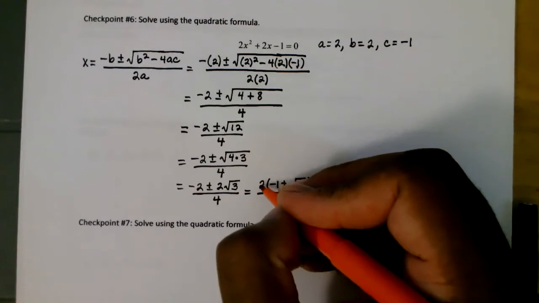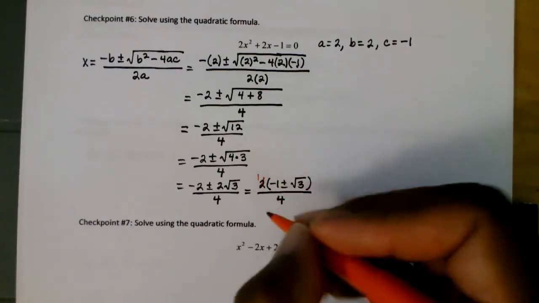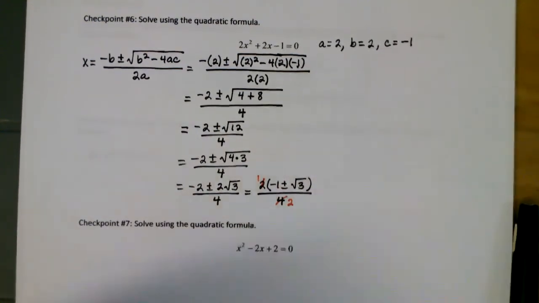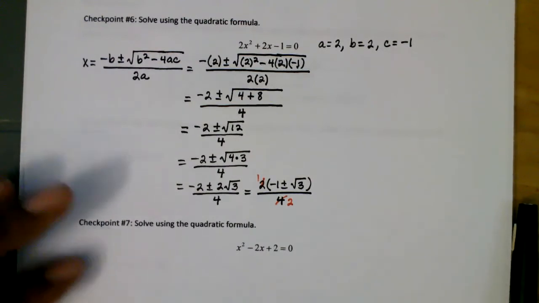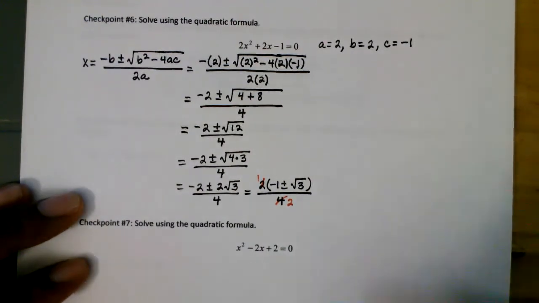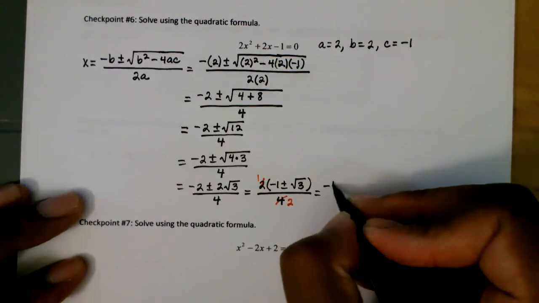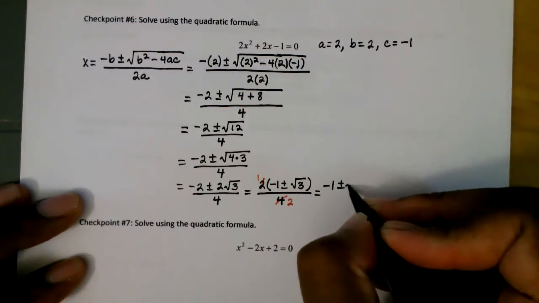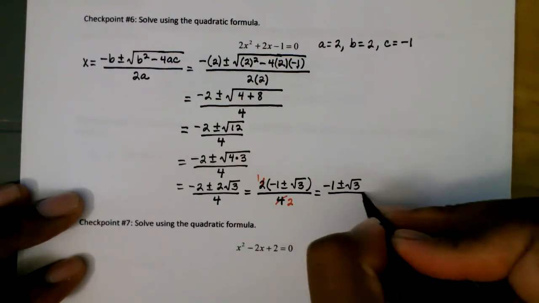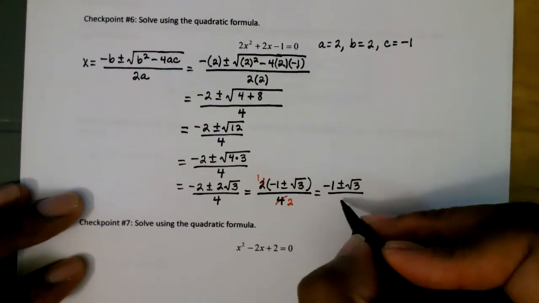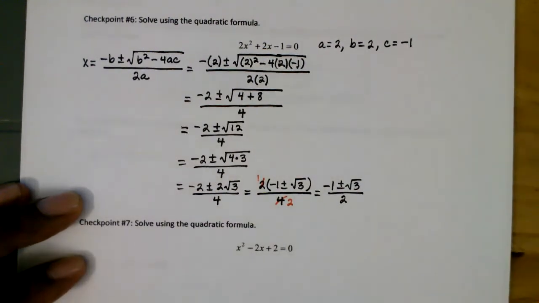And now, if I divide 2 into itself, that goes 1 time. 2 goes into 4 2 times. So I'm going to end up with negative 1 plus or minus the square root of 3, I should say the square root of 3 divided by 2.